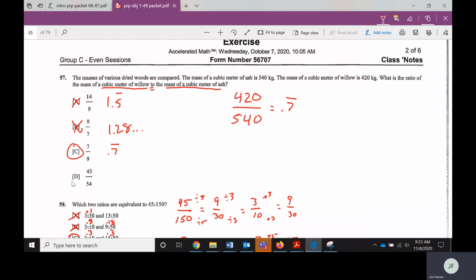I could always test the last one. Type that in, you get 0.79 and then some numbers, so that would be out. So that's one way of doing it. If you're good with fractions, you might be able to do this faster without testing. These both end in 0, so right away you could divide by 10 and make the number smaller.